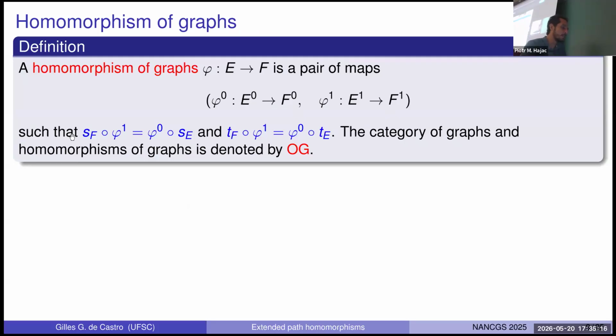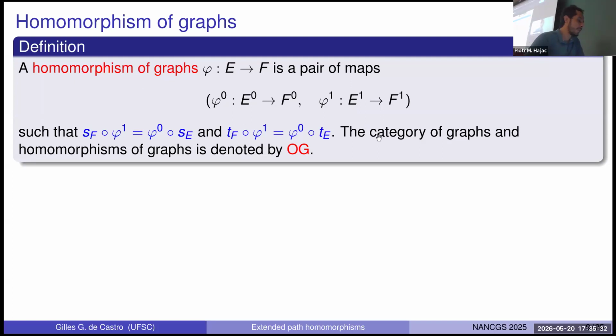So you have this commutation here. We can write this in terms of a diagram, but basically we want the source and target to be preserved. And the identity is a map like this, and the composition of maps like this again is a map like this.